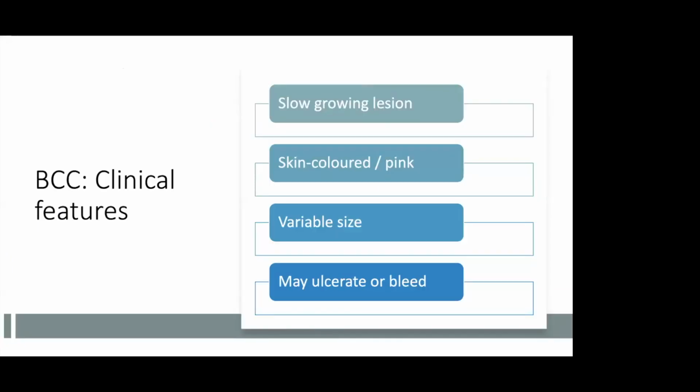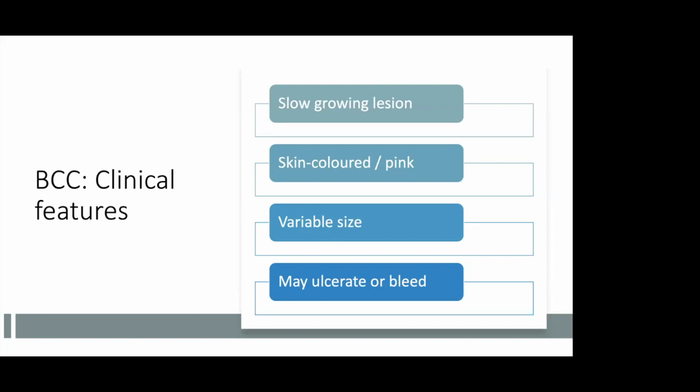So moving on to clinical features. Now this is of course really important because as junior doctors you'll be on the ward, you'll be examining patients on a day-to-day basis, and it's these signs that you can keep an eye out for when you're seeing patients who may incidentally have a suspicious lesion.